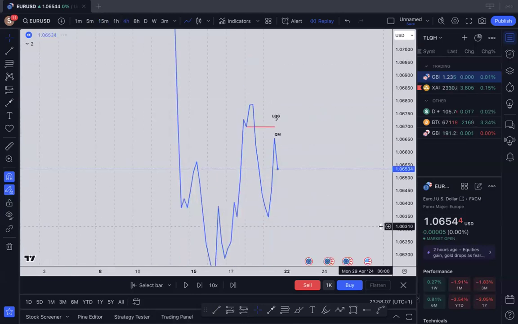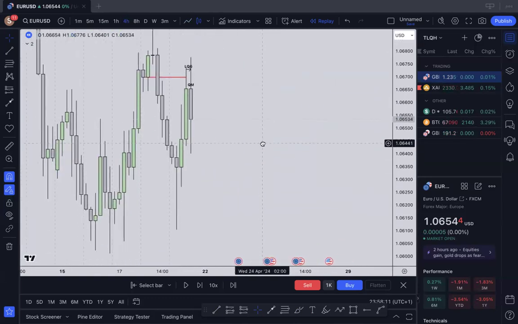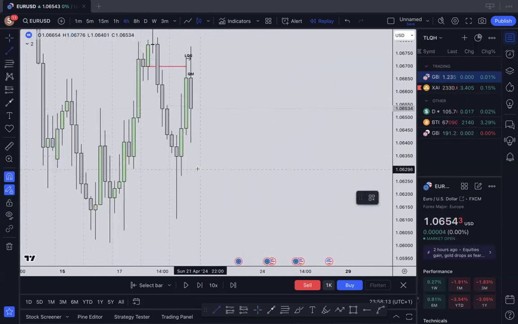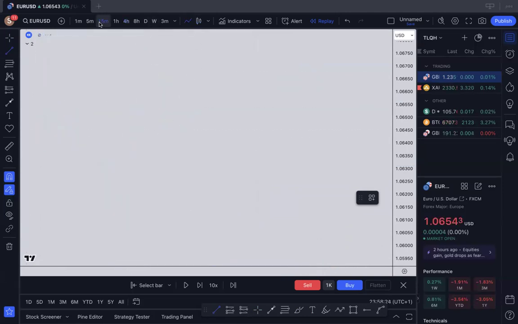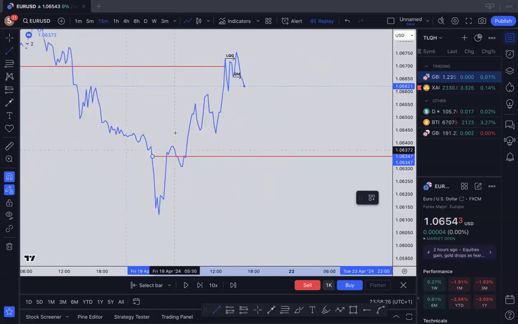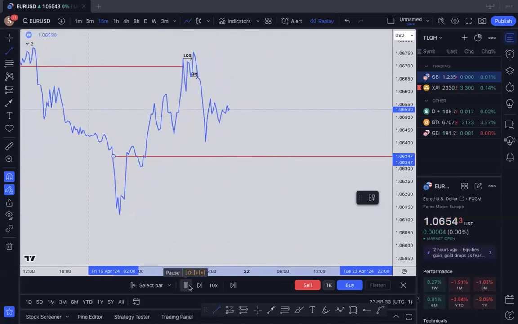Now, if we mark out this level down here, this is the next possible zone. We should now be just following bearish price action all the way down into here. So you can see we get that.